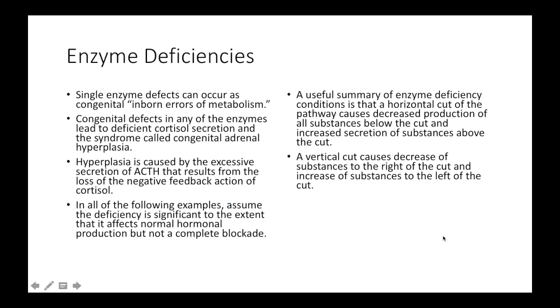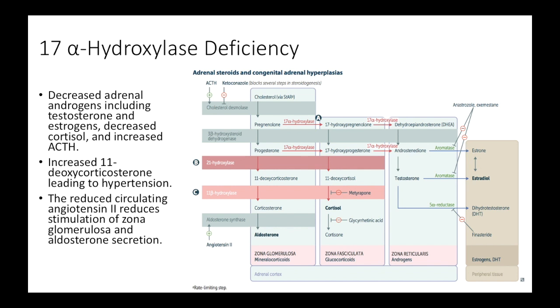Okay. So we're going to start with 17 alpha hydroxylase deficiency. As you can see, 17 alpha hydroxylase is marked in red here. This is going to result in decreased adrenal androgens, including testosterone, estrogens, and also decreased cortisol.